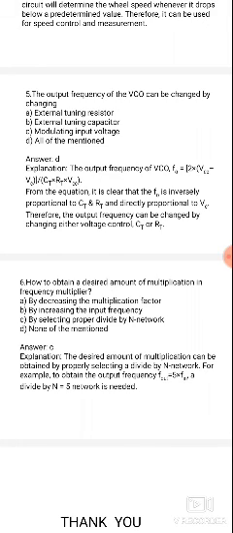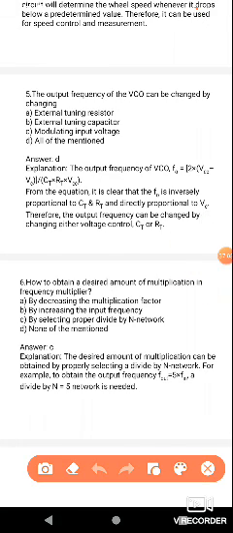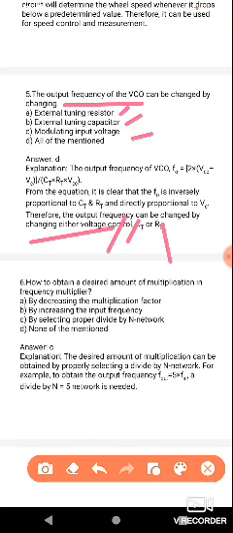The VCO output frequency completely depends on the external capacitor, external resistor, and modulating input voltage.